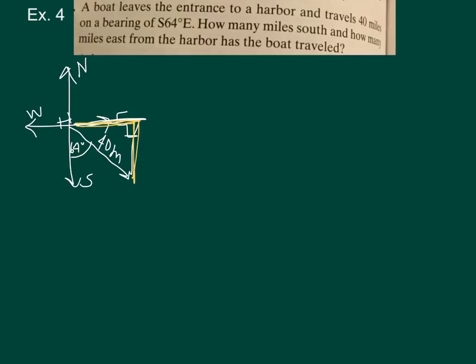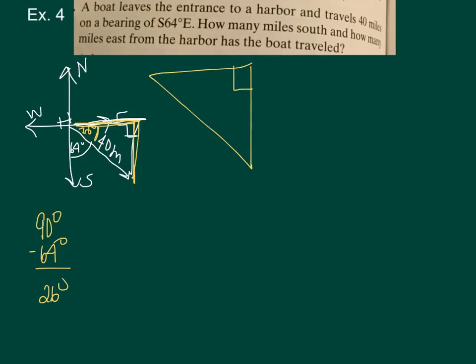Now notice this angle in my triangle I don't have, so I have to do 90 minus 64, and I'll get 26 degrees. So this is how my triangle looks. So I need to find the adjacent side and the opposite side.